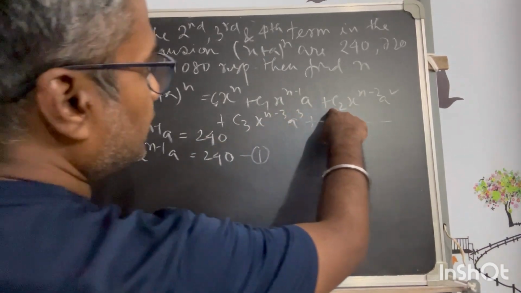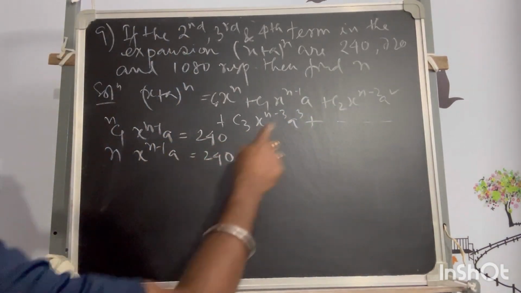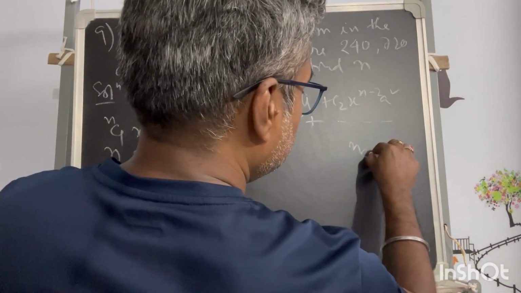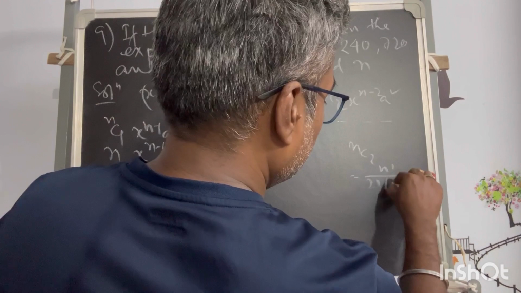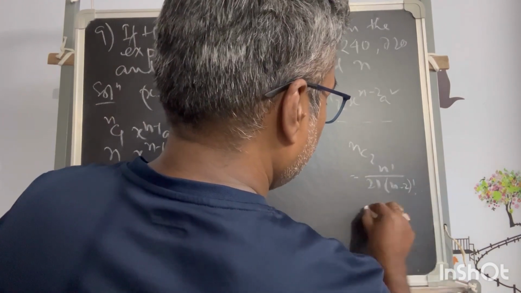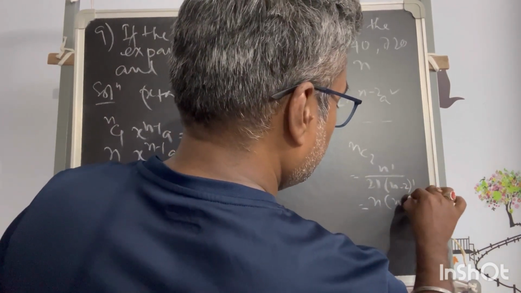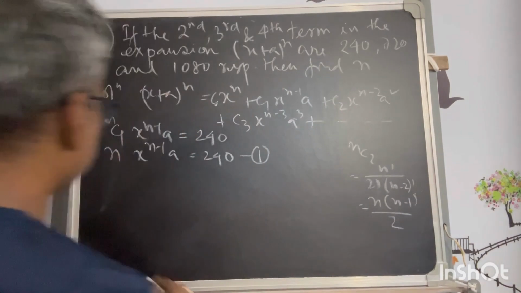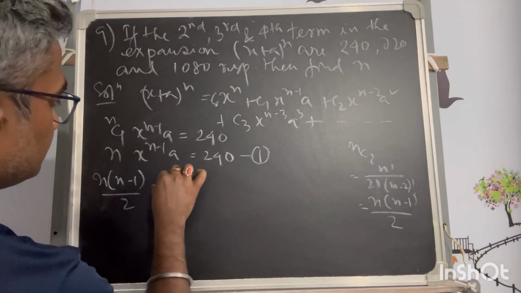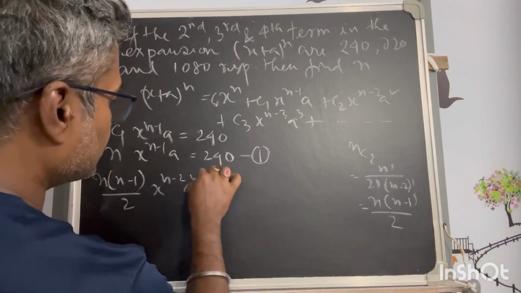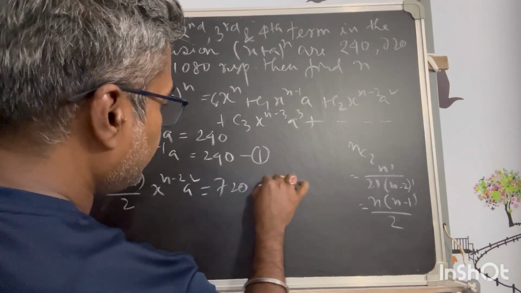Similarly, if I break it into the simpler form, nC2 is equal to factorial n by factorial 2 into factorial n minus 2. If I further reduce, this will become n into n minus 1 by 2. So I will write n into n minus 1 by 2 x to the power n minus 2 a square, and this is equal to 720.